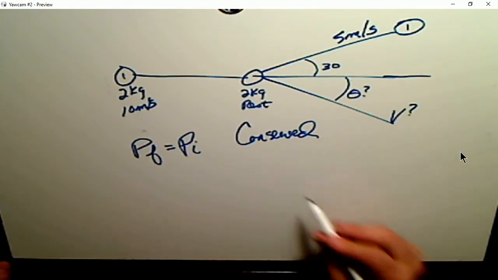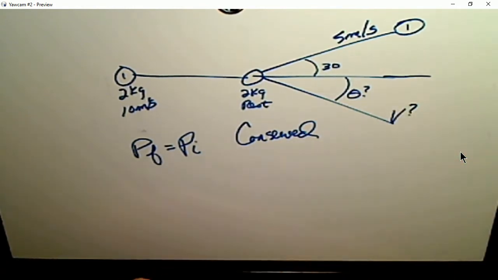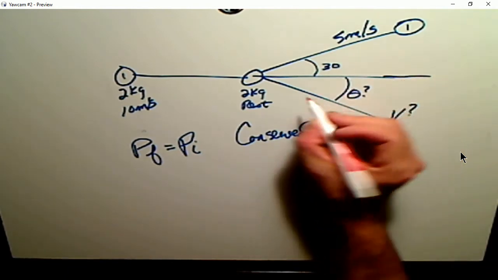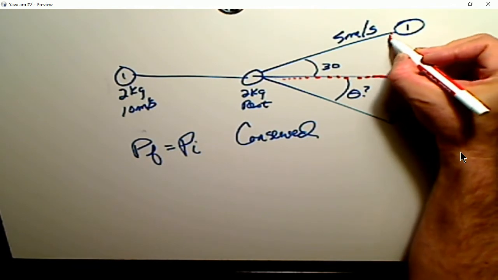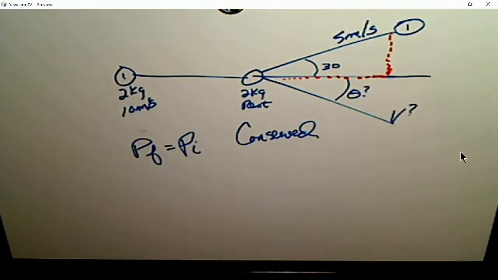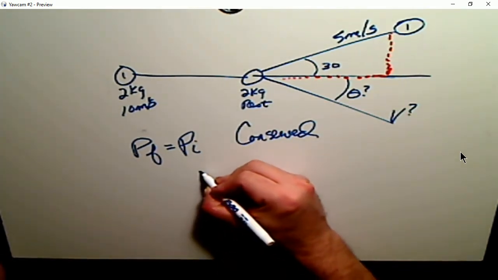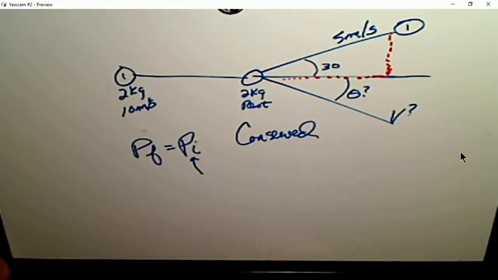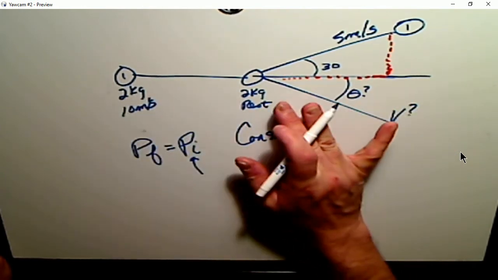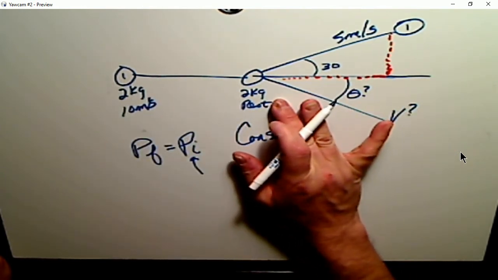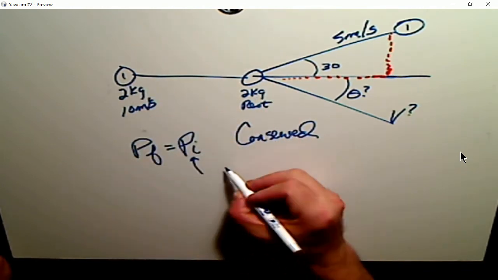I can figure out what's happening in this x direction, right? We know initially what's happening in the x direction, right? This ball's at rest. There's no momentum happening except for that ball.